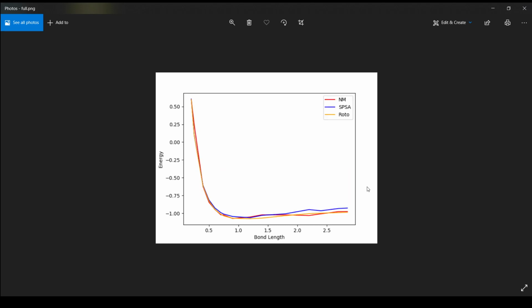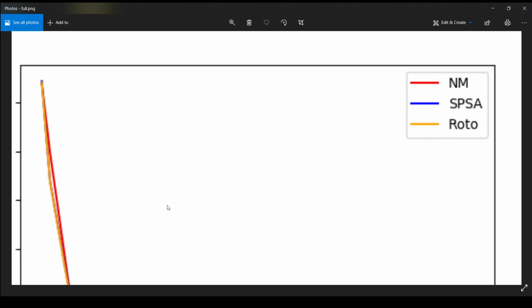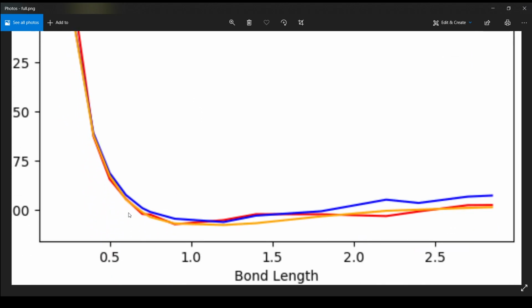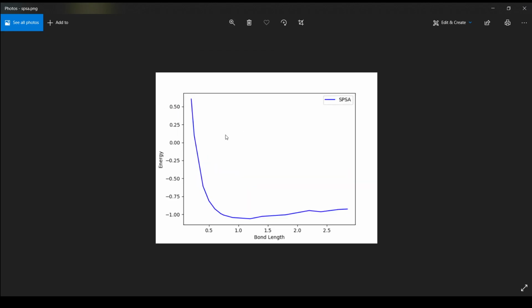When we compare all of them, you can see Rotosolve is this orangish one, and it seems to be the smoothest of all of them. Nelder-Mead is pretty noisy. SPSA is kind of jagged at the end. Rotosolve is nice and smooth, a nice curve right there.